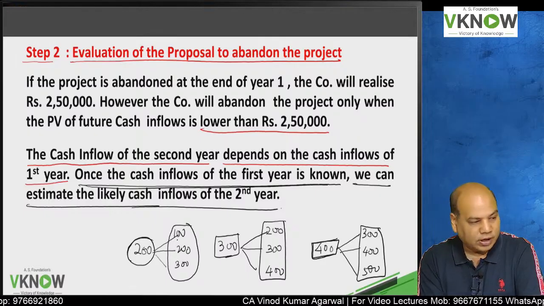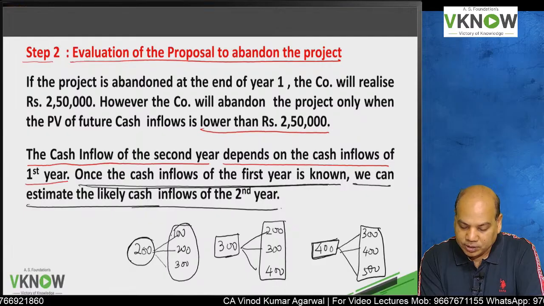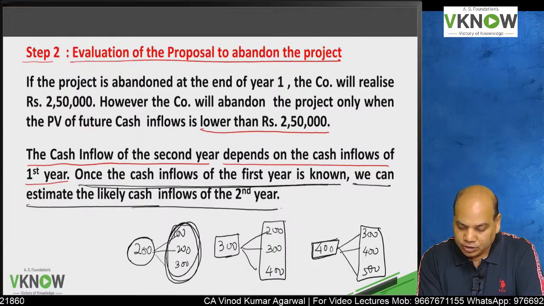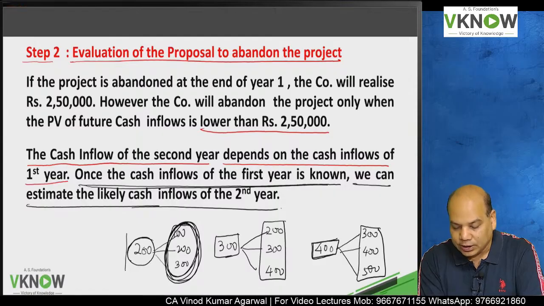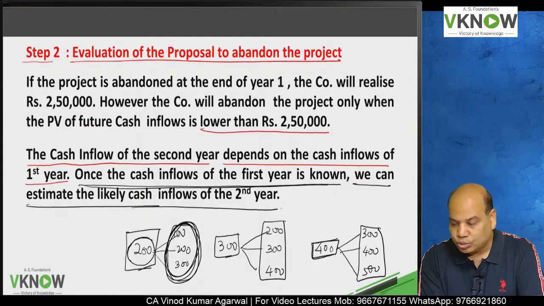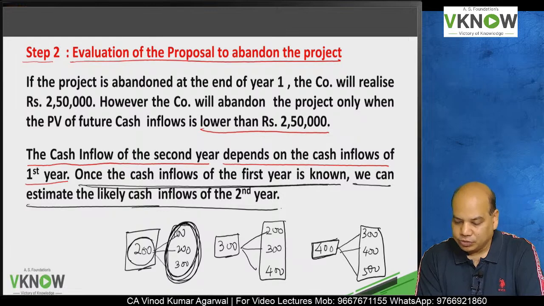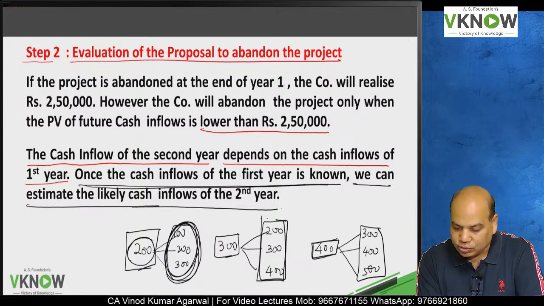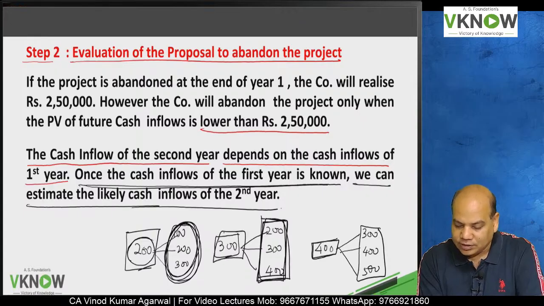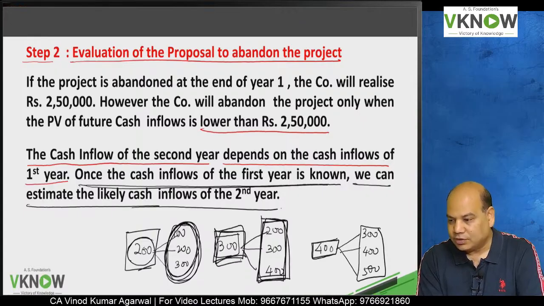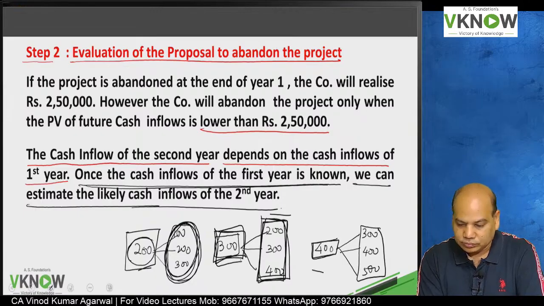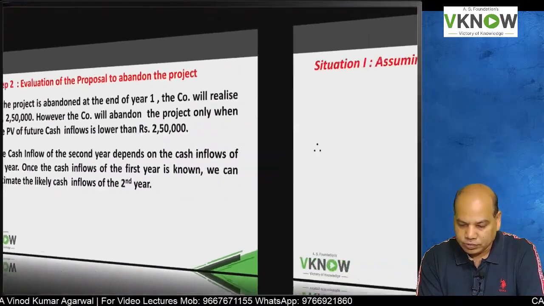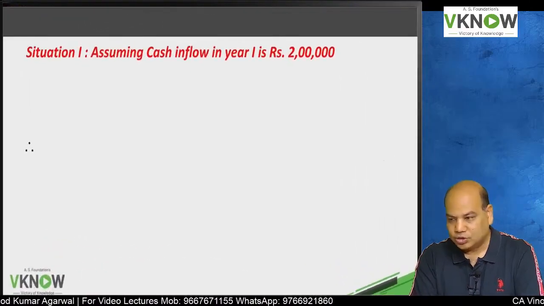So now we have to evaluate what will be the present value of the expected cash flow of the second year if we get 200 in the first year, what will be the present value if we get 300 in the first year, and the same thing for 400 also. So therefore we'll now write situation 1.